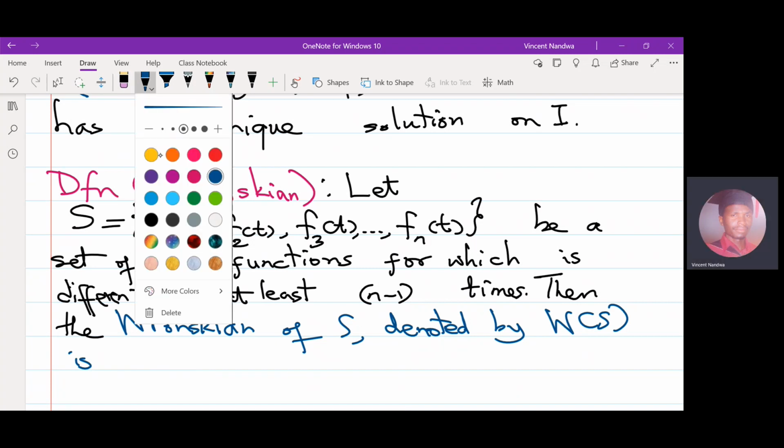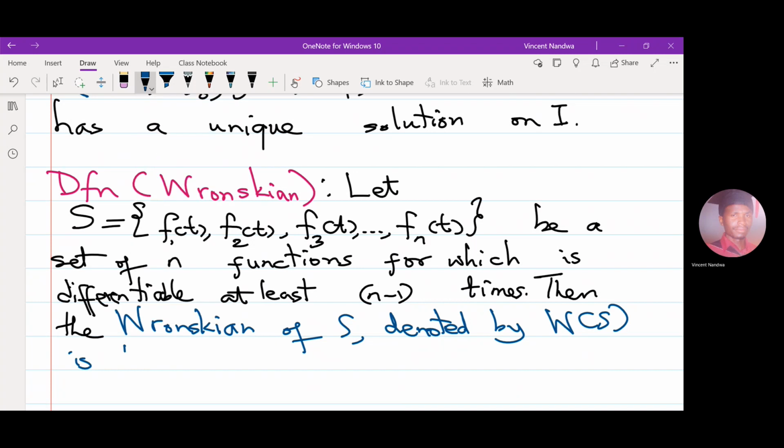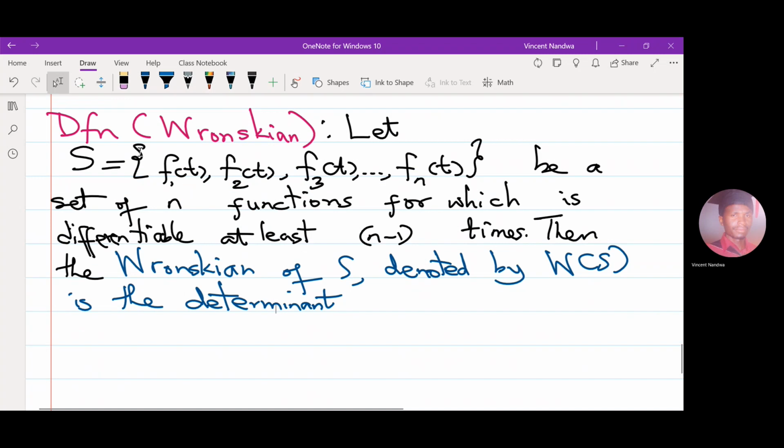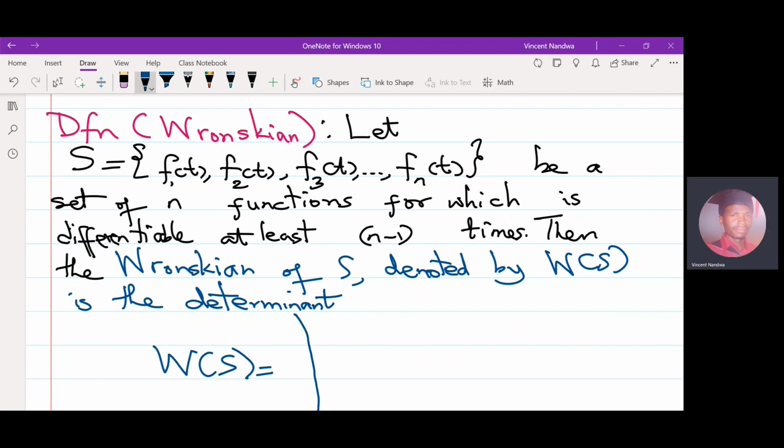is simply the determinant. W of S is the same as the determinant of F1, then F2, and then F3, all the way up to Fn.